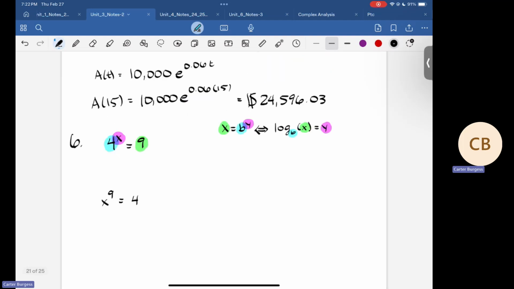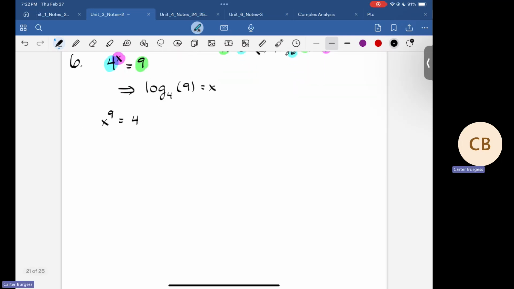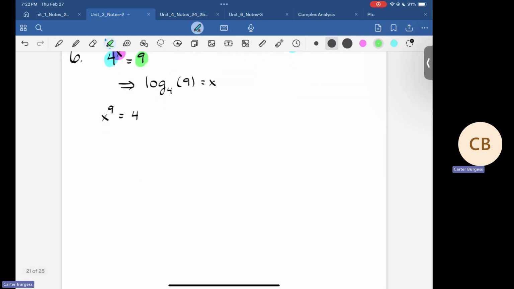And so this is going to look like log base 4 of 9 is equal to x. Here, our base is going to be x, our exponent 9, and our result is 4. Log, a little bit weird, but base x of 4 is 9.